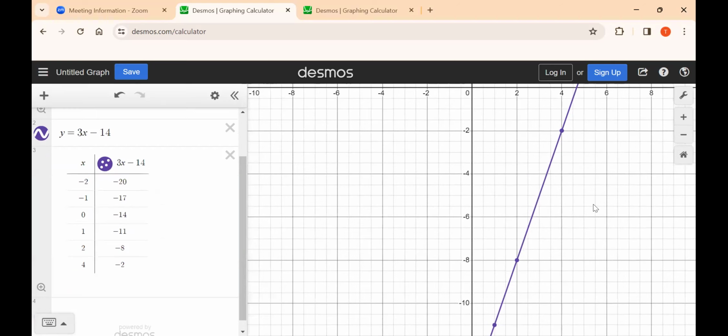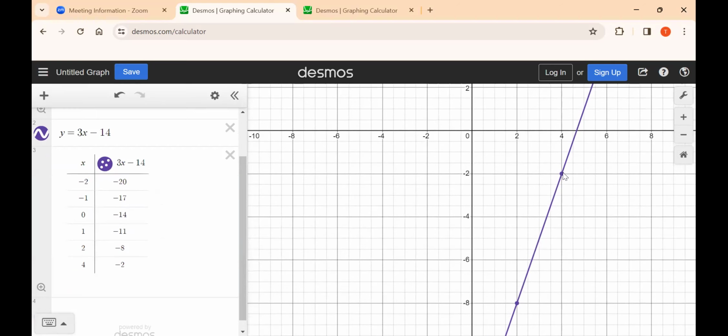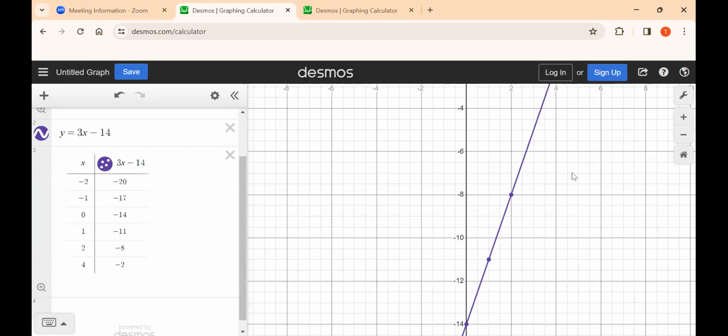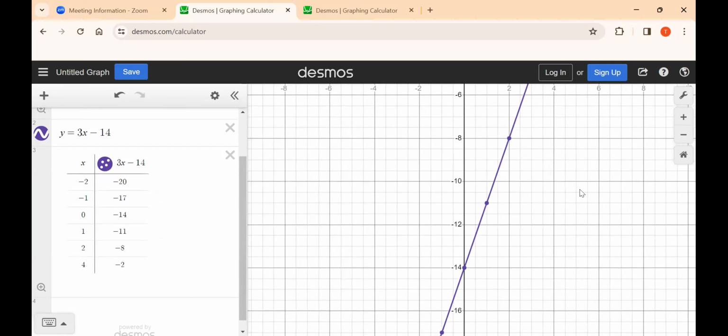So when I go back, you could count and see down 1, 2, 3, over 1, down 1, 2, 3, over 1. And you could keep counting till you got to the -14. It just takes a little bit of time when these numbers are larger or very small, and sometimes with fractions. So that's why you might want to know that formula at times.